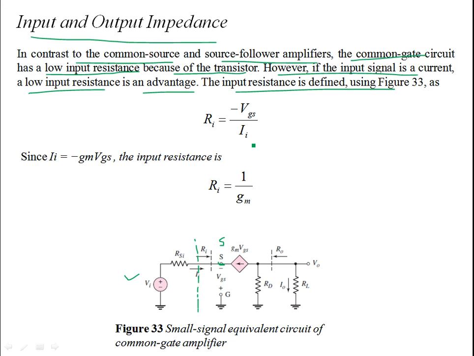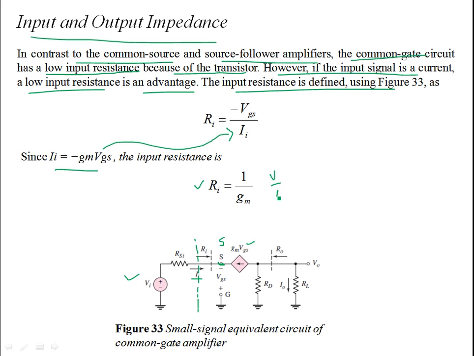And you notice that since there is no current into the gate of the transistor, the input current II is minus GM VGS. So if you substitute this in the denominator of the input resistance, you get RI as 1 over GM. And GM is the transconductance parameter of the transistor, having units of amps per volt. So this becomes volts per amp.